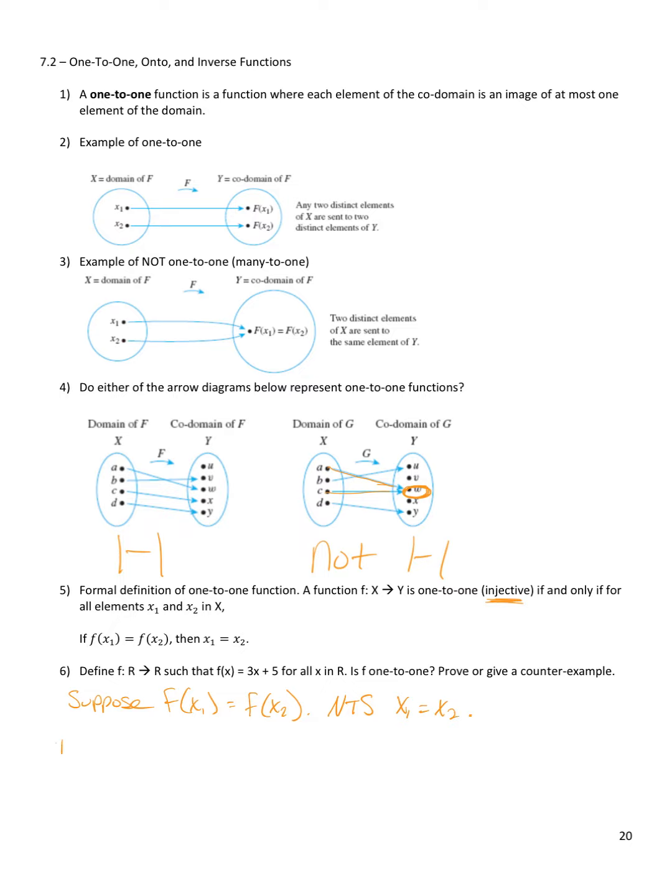Okay, so if f of x1 equals f of x2, that means, since the function f of x equals 3x plus 5, that 3x1 plus 5 equals 3x2 plus 5.